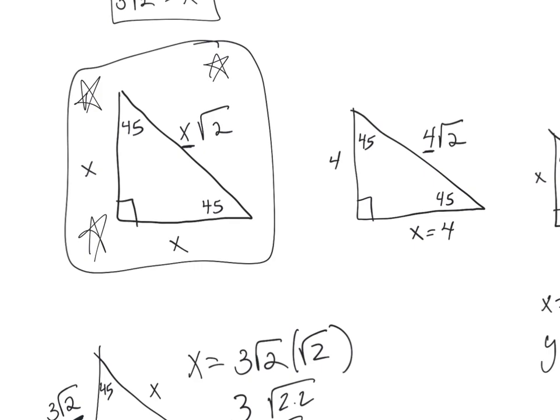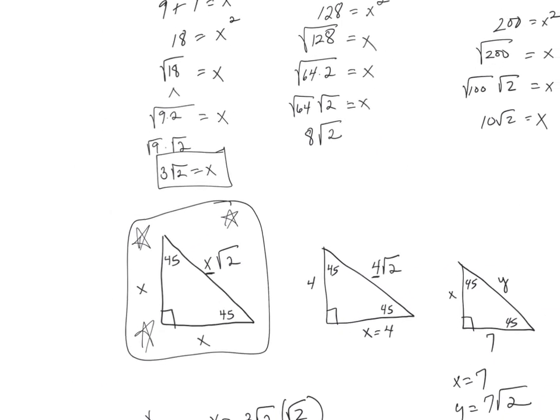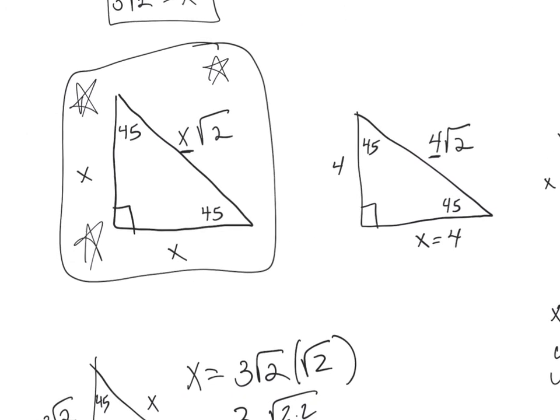This tells me, and we proved it using Pythagoras' theorem, that anytime I have a 45, 45, 90 triangle, the lengths of my legs will be exactly the same, and the length of my hypotenuse will be the length of the leg times the square root of 2.